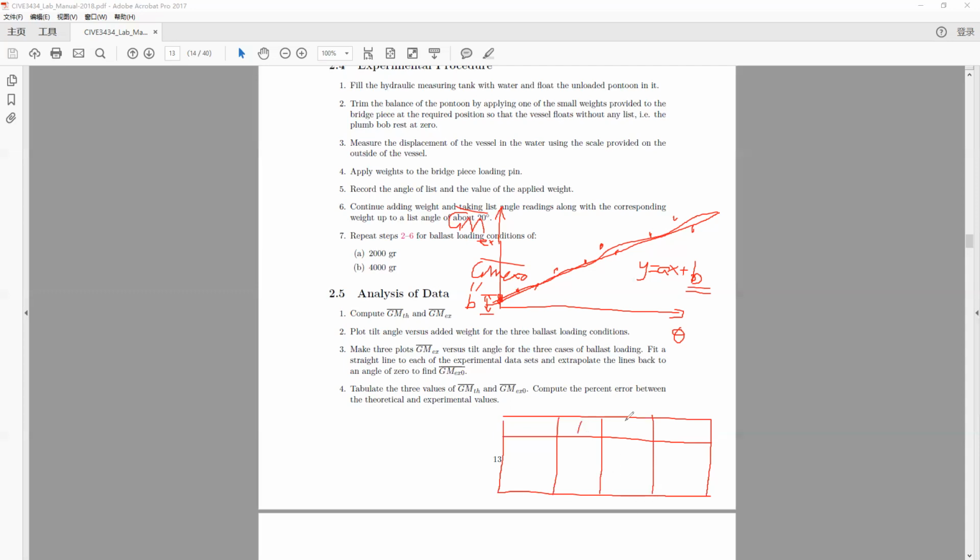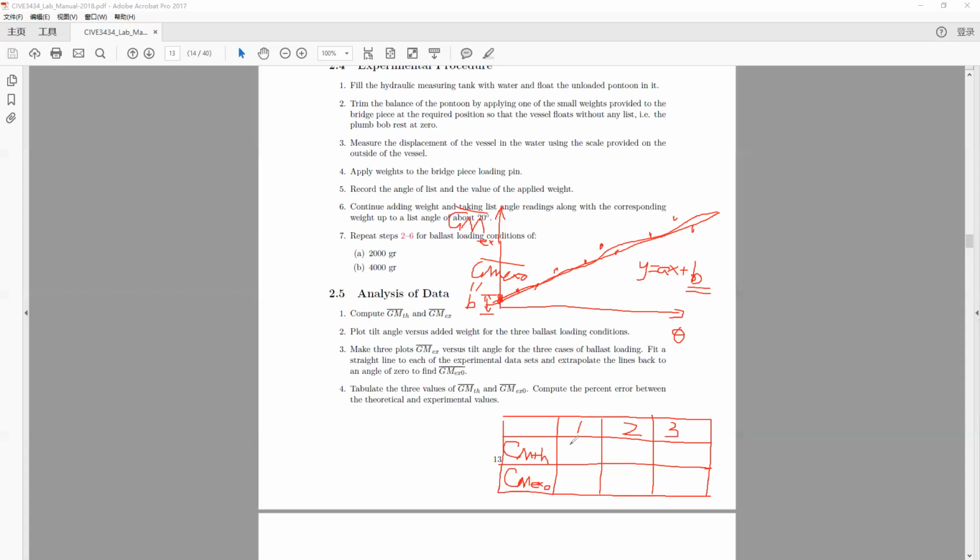This is case 1, this is case 2, and this is case 3. And you have your GM theoretical and your GM experimental 0. It's going to be 6 numbers, and the GM theoretical should be pretty close to GM experimental 0.